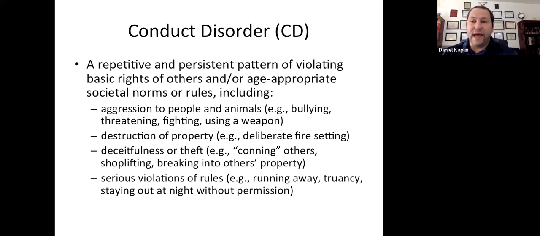So that is oppositional defiant disorder. So the hallmark features are rebellion from authority, not being able to receive an authority figure's direction.